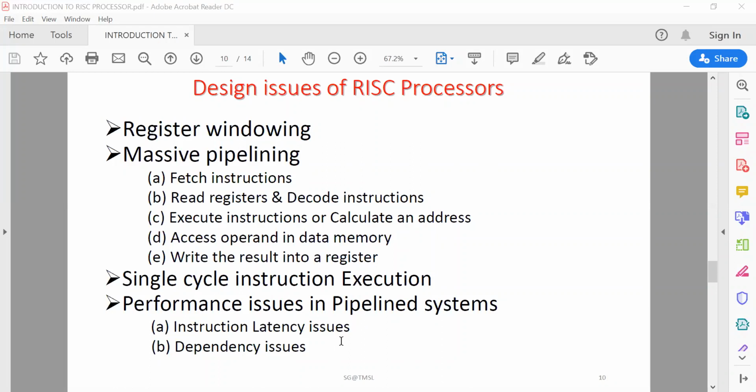Later instructions may have to wait for the results of earlier instructions to be stored. However, a simple rearrangement of the instructions in a program can remove these performance limitations from RISC programs. This is called instruction scheduling.